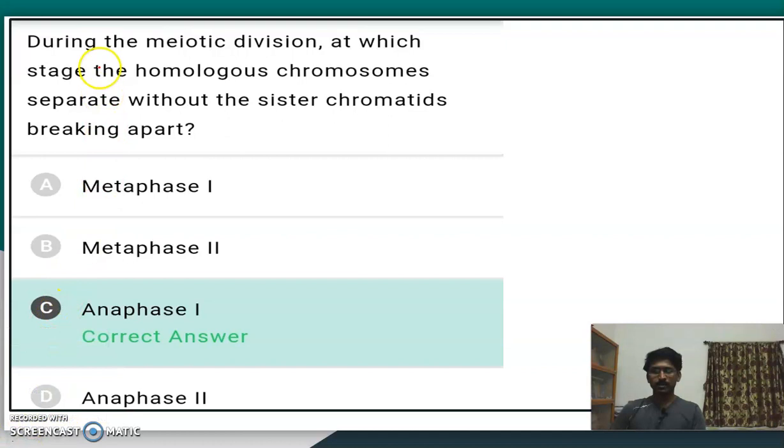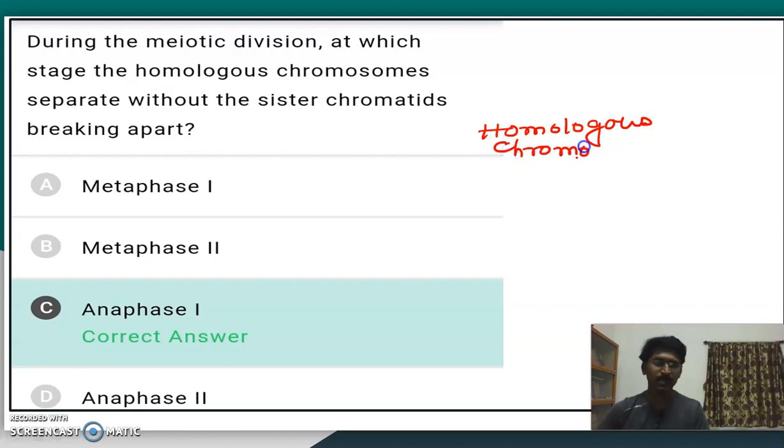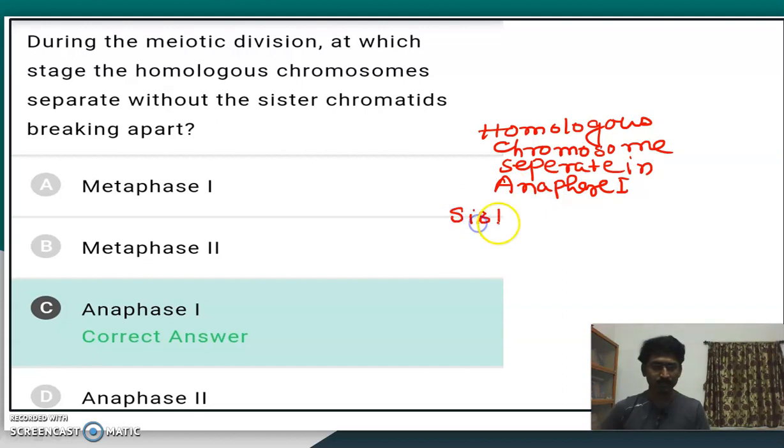Next: during meiotic division, at which stage do homologous chromosomes separate without the sister chromatids breaking apart? Homologous chromosomes separate in anaphase 1, and sister chromatids separate in anaphase 2.